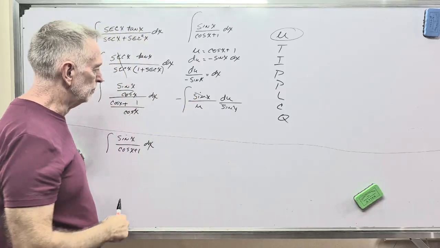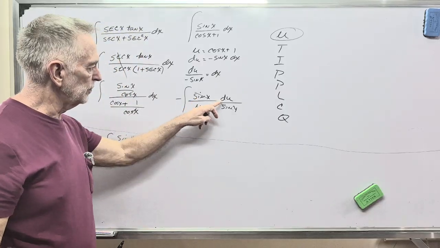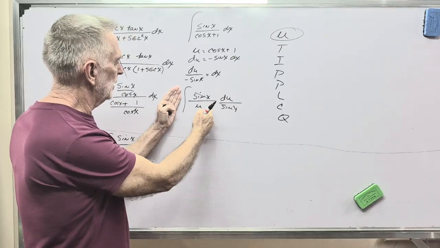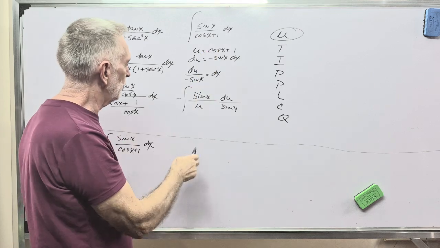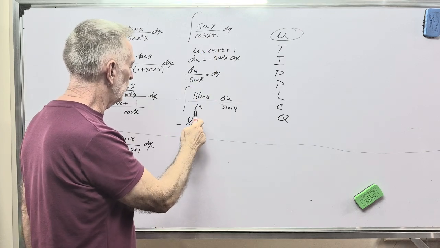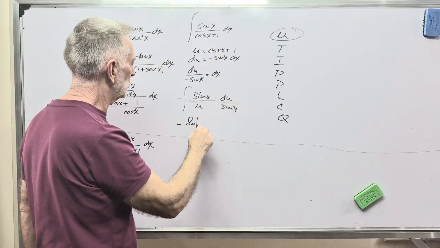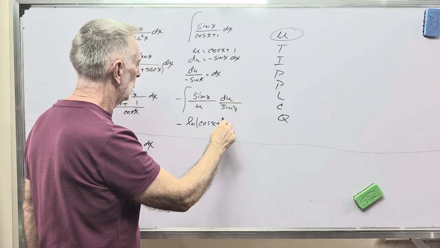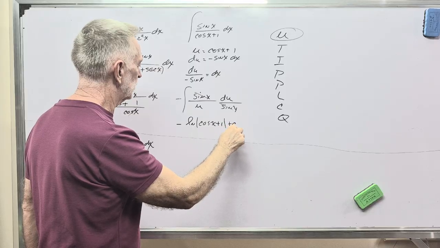I'm left with minus the integral of du over u. So what is the integral of du over u? It's the natural log of u. So I have minus the natural log of u, but u was cosine x plus 1, plus c.